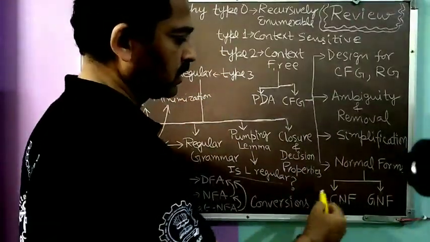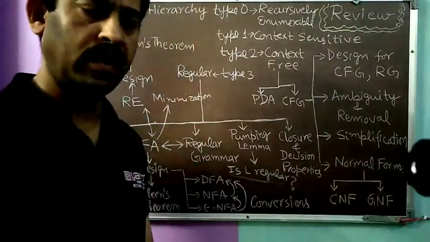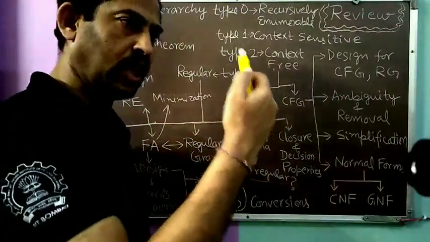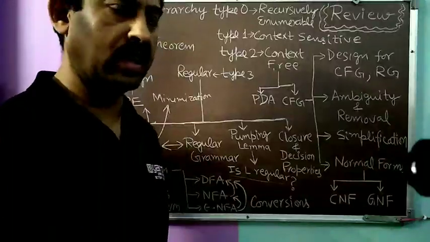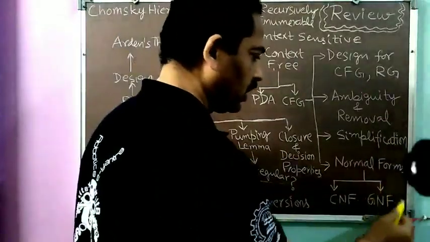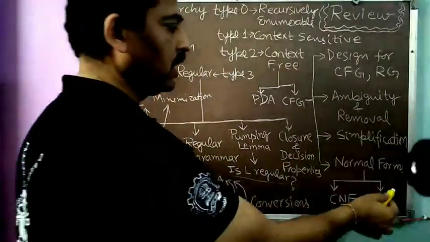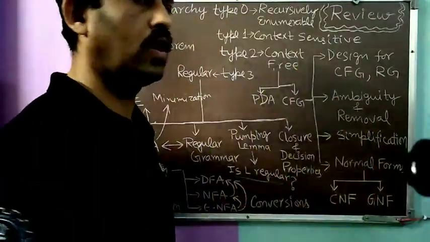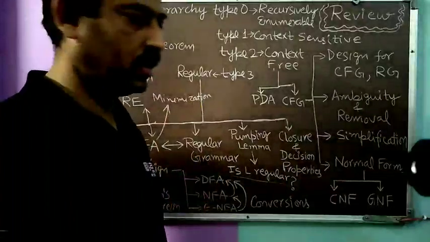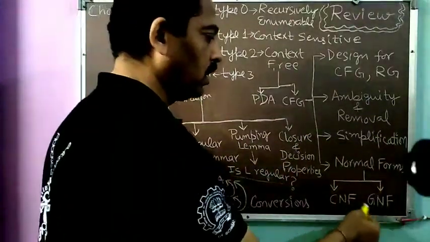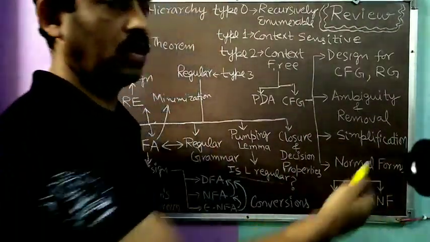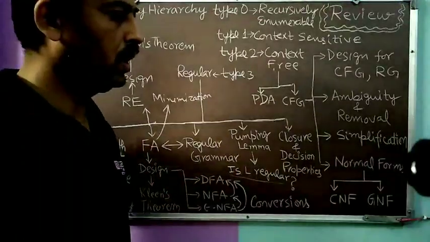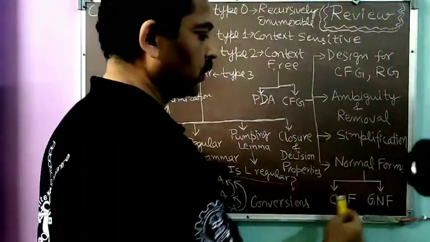The advantage of CNF is that the shape of the derivation tree is a binary tree. And in GNF, the advantage was that it was a natural generalization of our regular grammar, so all the results related to those can also be applied to context-free grammars. So these were the advantages of CNF and GNF.